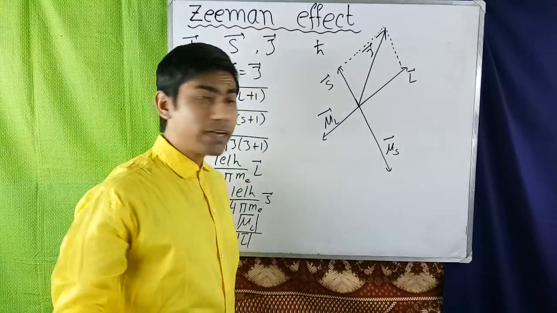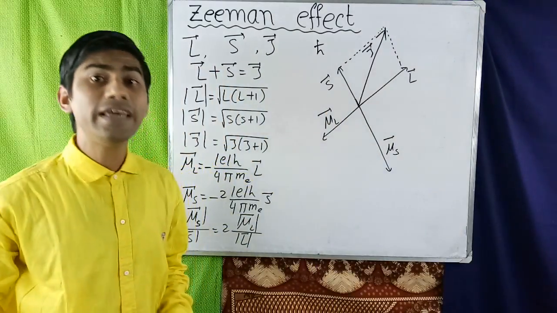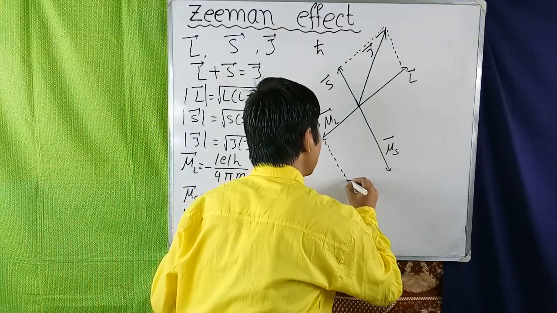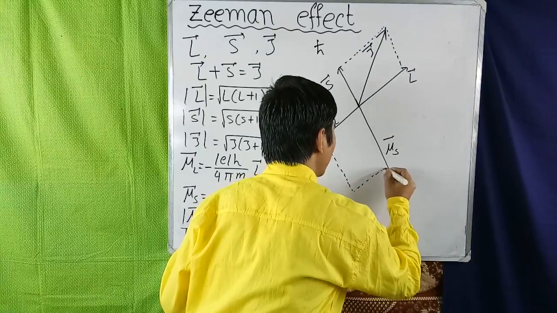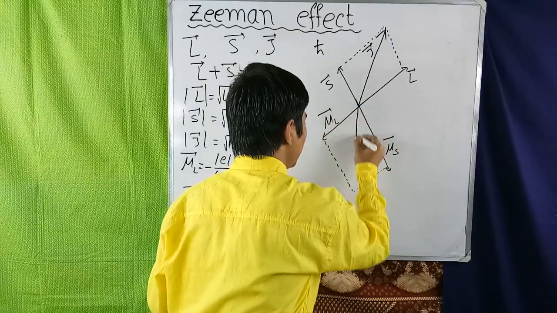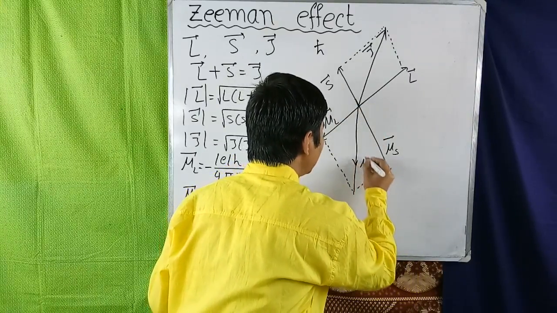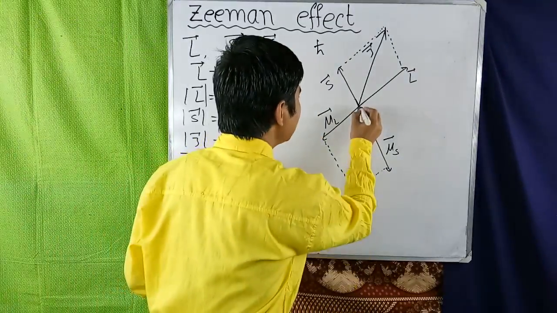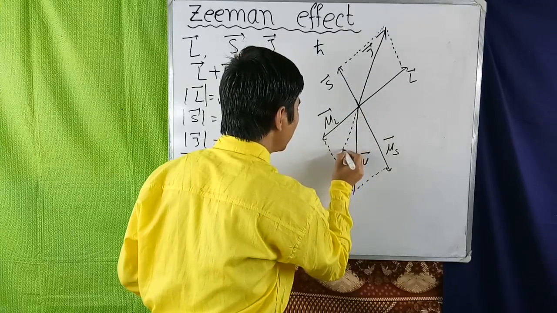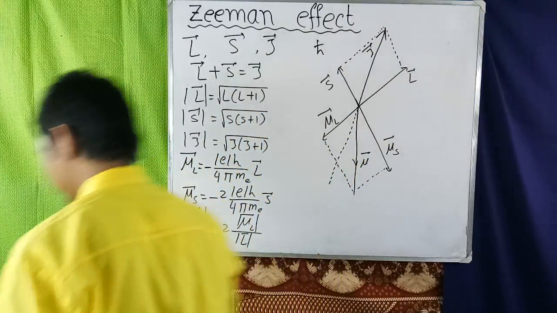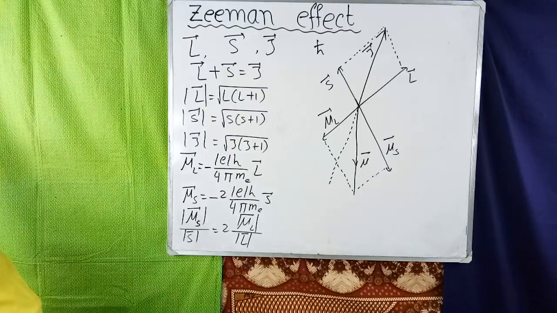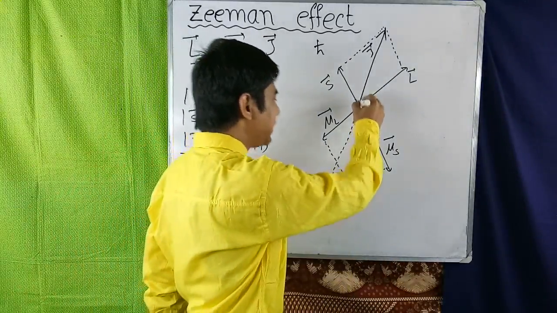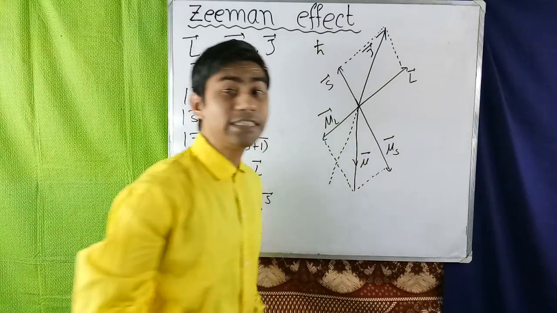Now the resultant of mu l vector and mu s vector is mu vector, and so this is mu vector. Okay. This is mu vector, that is the resultant of mu l vector and mu s vector, and this is the direction of J vector. Okay. So this is the direction of mu vector and this is the direction of J vector.